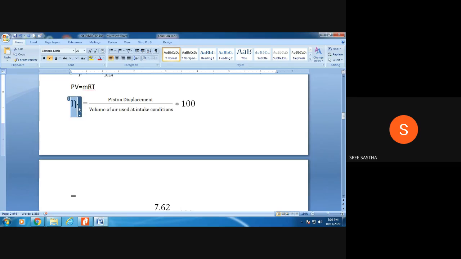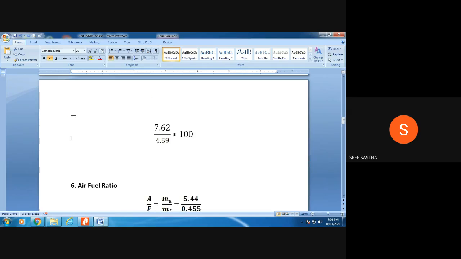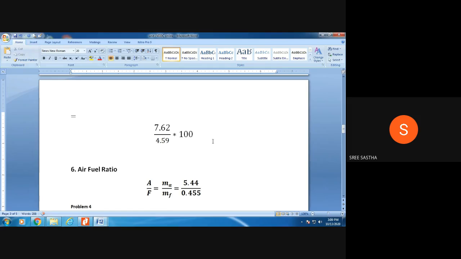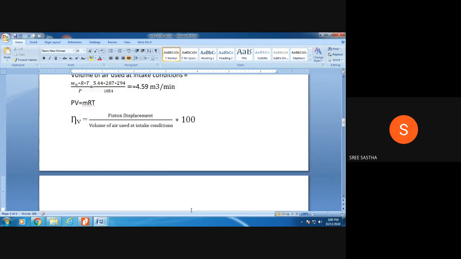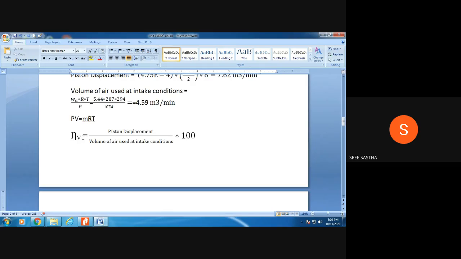The same formula, same method can be adapted for all the problems. Okay, you are substituting this value. You are able to find now volumetric efficiency.